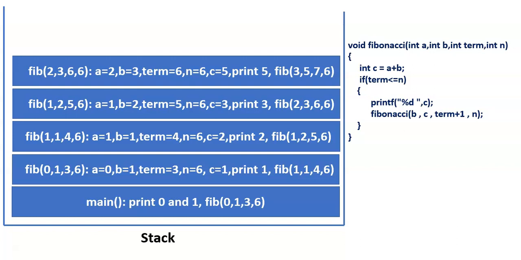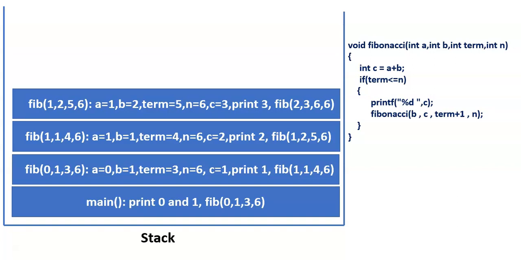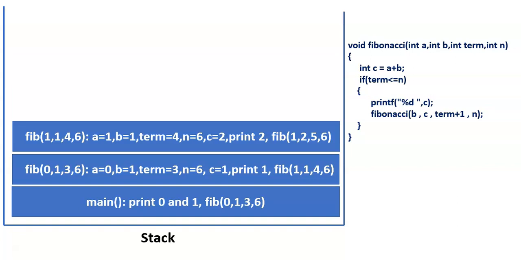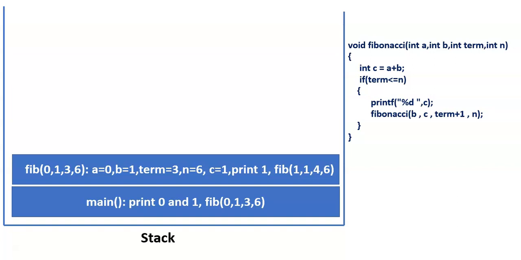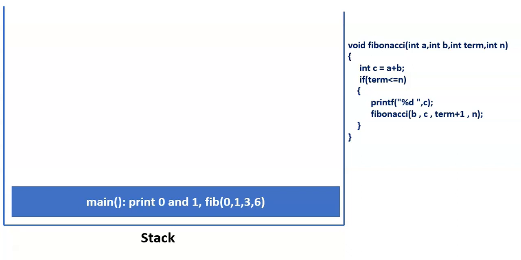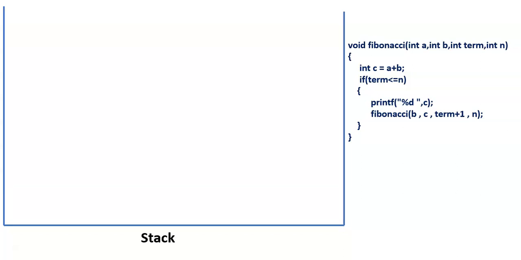Then fib of 2, 3, 6, 6 will be removed, and then fib of 1, 2, 5, 6, and then fib of 1, 1, 4, 6, and fib of 0, 1, 3, 6 will be removed. And finally, after the completion of the main function, all of its related variables will be removed from the stack. In this fashion, we can write a C program to print a Fibonacci series up to a given number of terms.